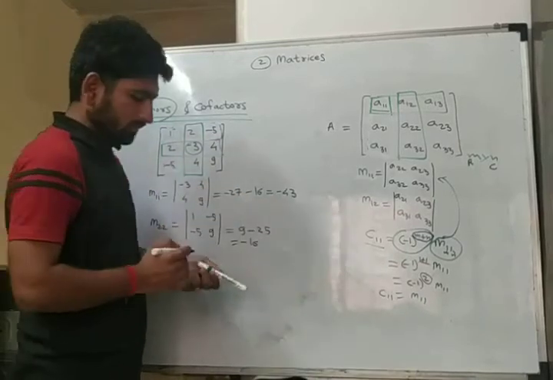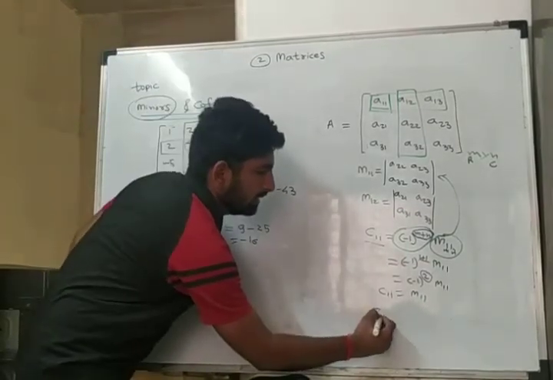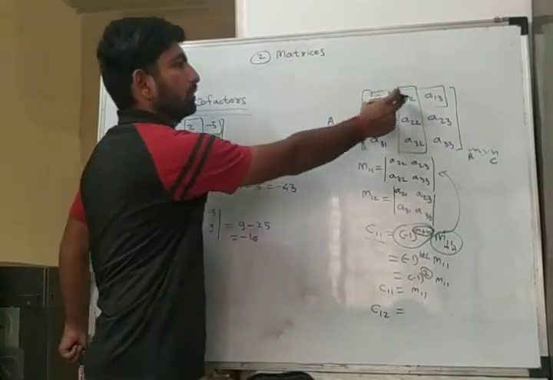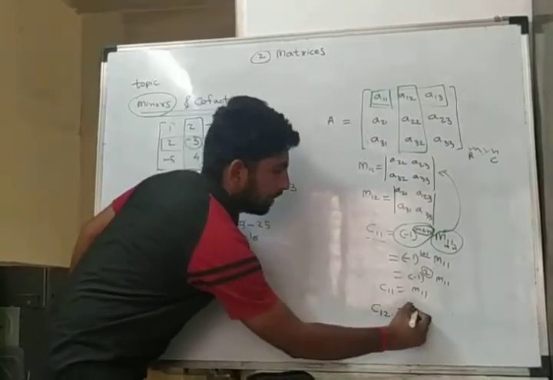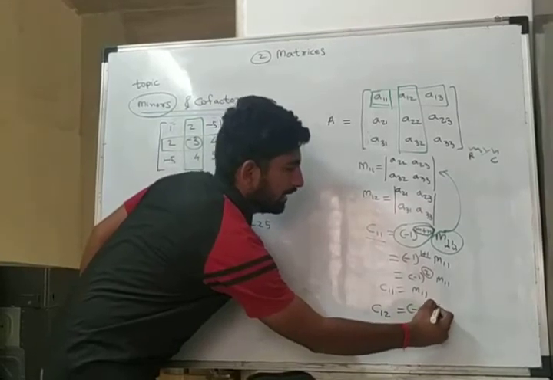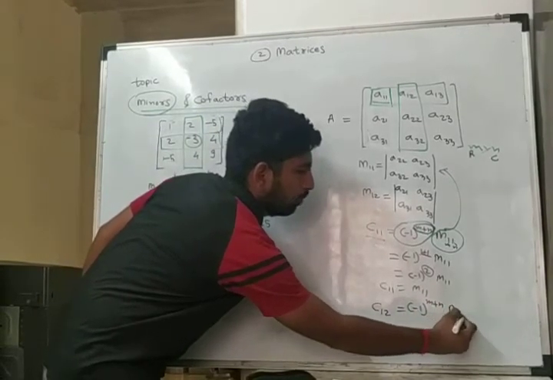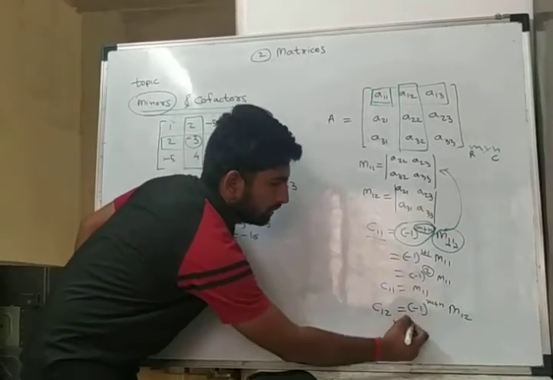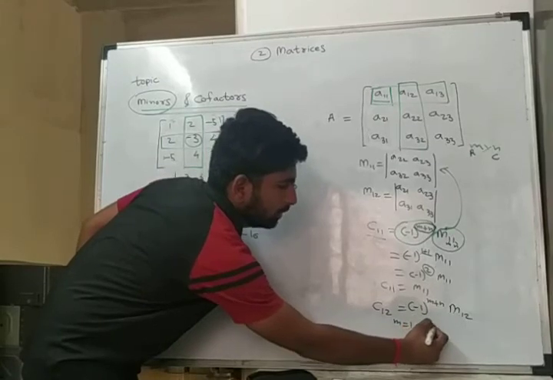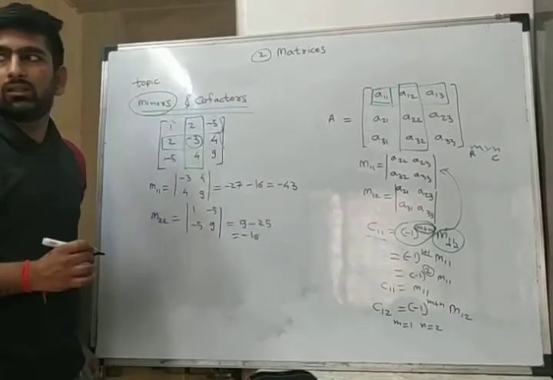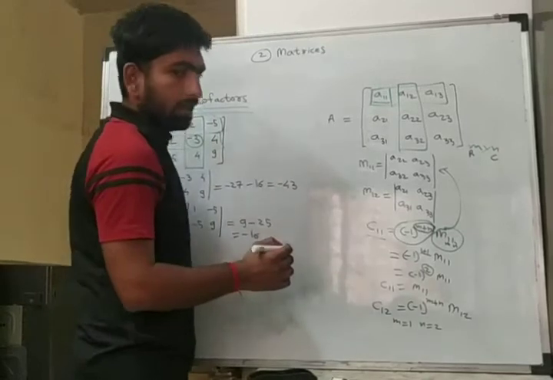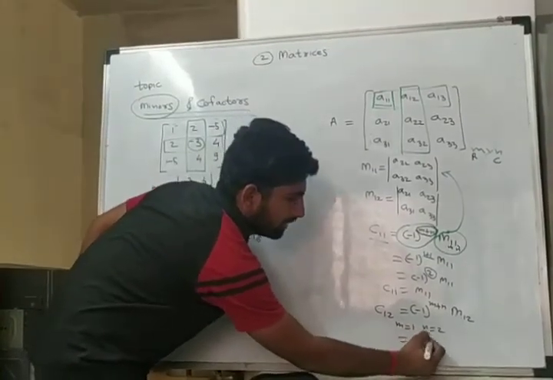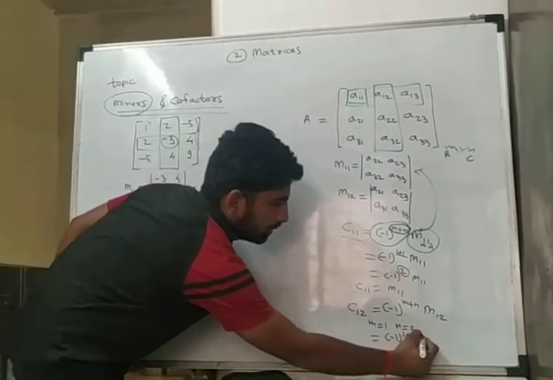Similarly, in the second formula, C12, the cofactor of the first row, second position, is minus 1 raised to m plus n into M12. Here m is equal to 1 and n is equal to 2. So minus 1 raised to 1 plus 2, M12.